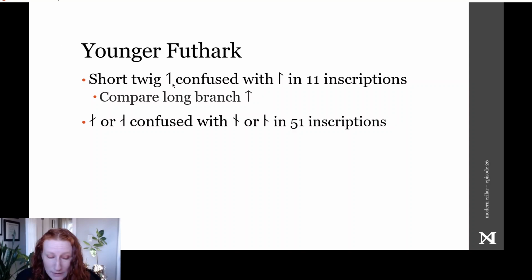One of these pairings is Tyr and Lauger. The second is between Or and Naudr. In Younger Futhark, especially in short twig rather than long branch, the distinctions between runes could be limited to a single feature, so directionality and orientation started to be much more meaningful with the Younger Futhark.